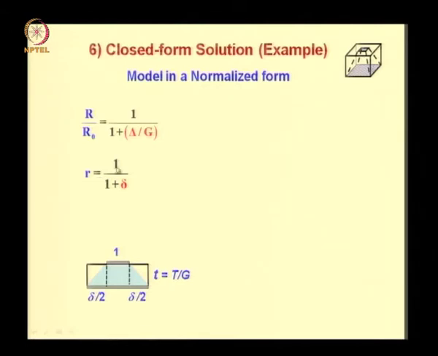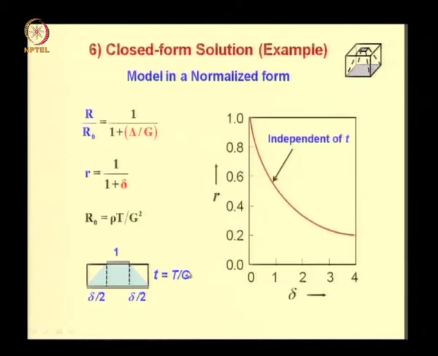So small r equal to 1 by 1 plus small delta, which is the normalized value of capital delta to the dimension of the top contact. So this is again a dimensionless quantity. So here in this form, which is very compact, the resistance has been expressed in terms of dimensionless quantities.